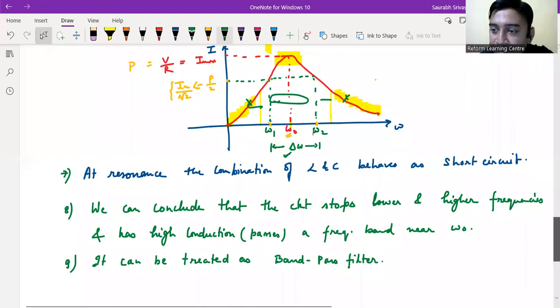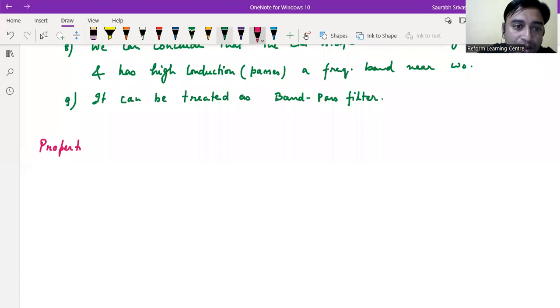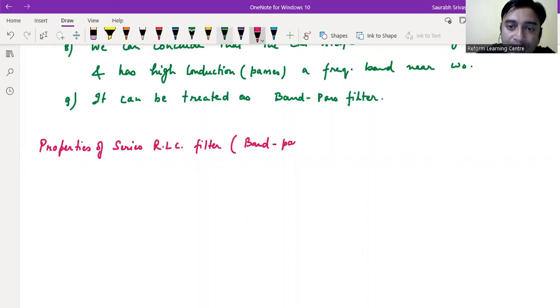यहाँ से ये एक फिल्टर की तरह यूज होगा, तो हम बोल सकते हैं इस फिल्टर की प्रॉपर्टीज क्या है. Properties of series RLC filter, or that is band pass filter.